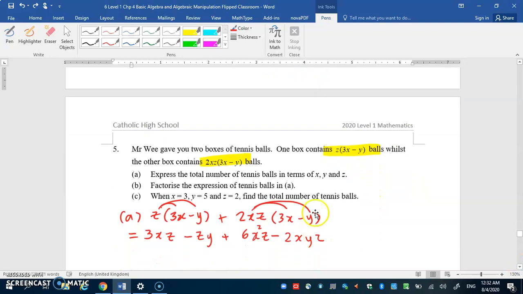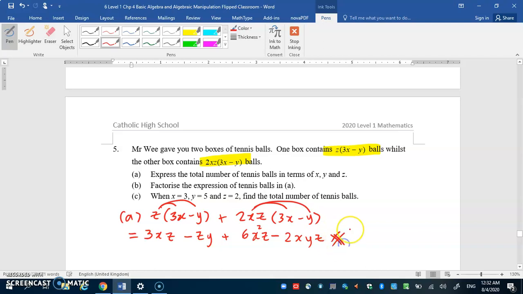Once I get that, I'm going to simplify if possible. I look at all the terms: one is xz, one is zy, one is x squared z, and one is xyz. None of them are like terms, so when there are no like terms, this is your final answer.